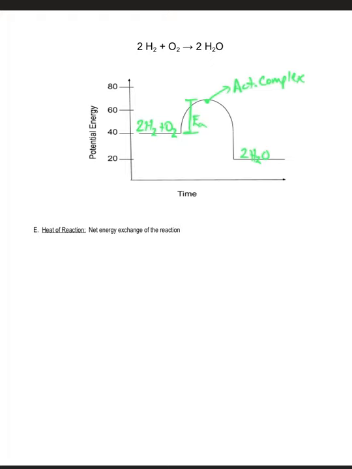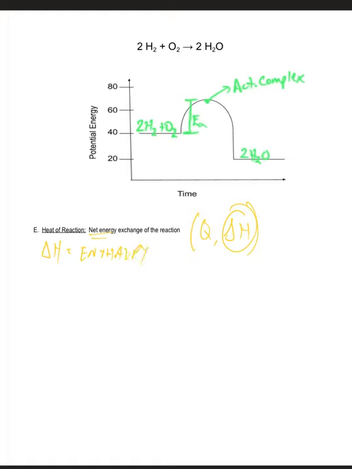Okay, next we're going to talk about the heat of reaction, and this is arguably the most important part of these potential energy diagrams, and it is the net energy exchange of the reaction. And this can be very similar to our discussions on Q or delta H. You'll see the heat of reaction symbolized as delta H quite a bit, and that means enthalpy.